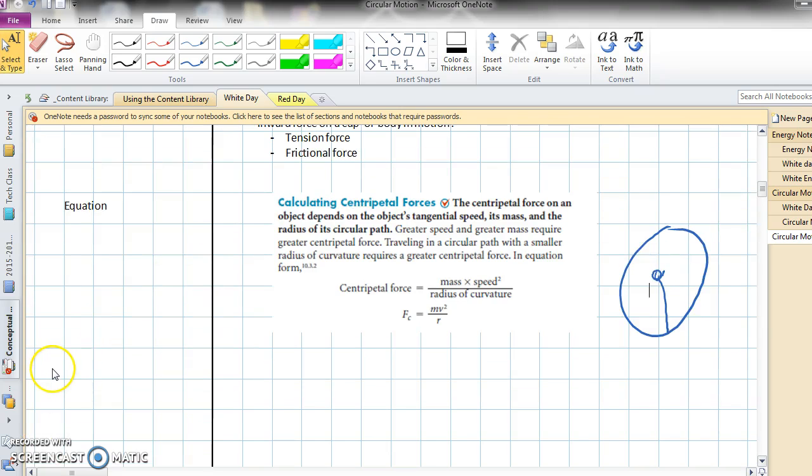Oh, centrifugal force, 10.4. I may have spelled that wrong. Centrifugal force, this is usually a fictitious force acting outwards.